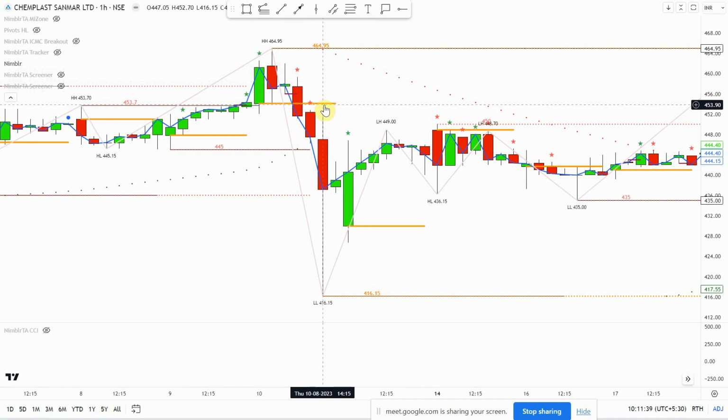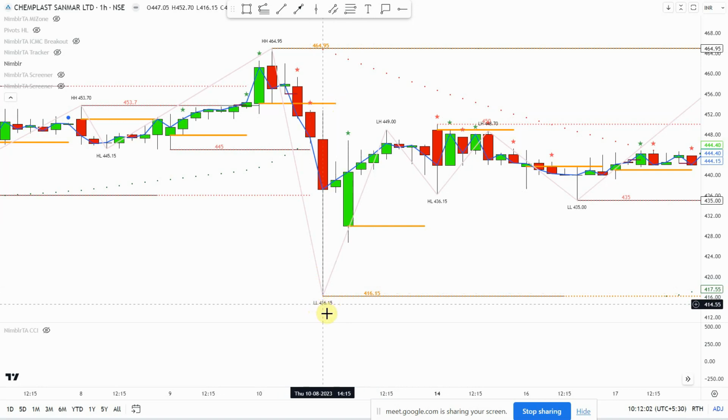Also to note, at this point the open was broken on the downside, and the trade continues to go down. The previous day open, which is this line, was also crossed, and subsequently a new low was created. From here till around 454 till approximately 416, a new low was formed, which is marked over here.